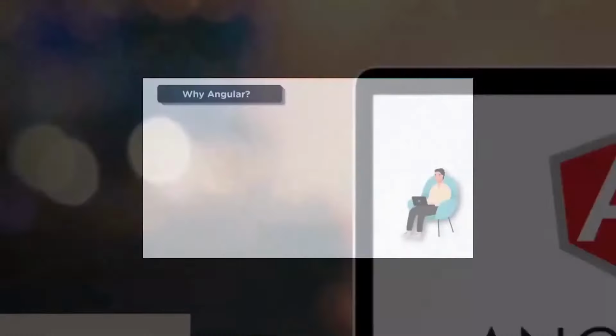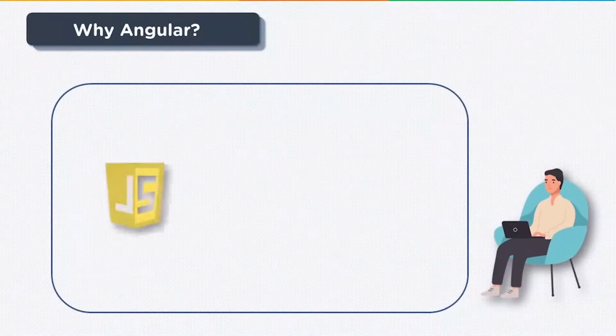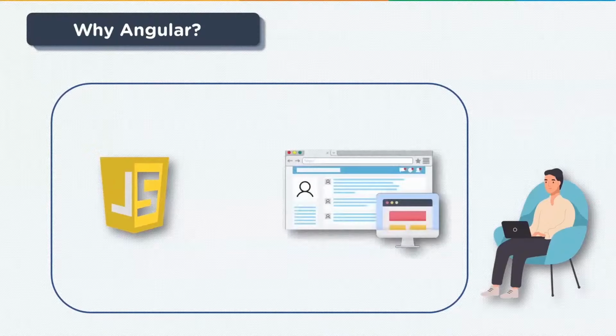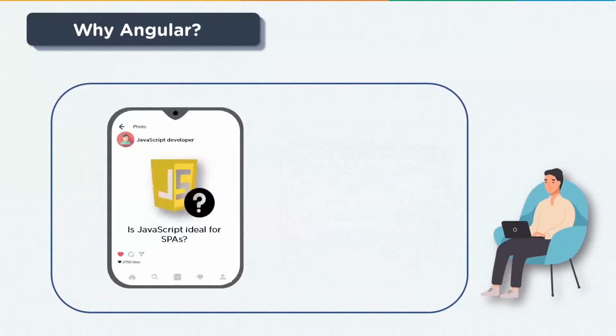Why Angular? Now, JavaScript is the most commonly used client-side scripting language. It is written into HTML documents, enabling interactions with web pages in many unique ways. So, as a relatively easy-to-learn language with almost pervasive support, it is exceptionally well suited to develop modern applications. But the question arises, is JavaScript ideal for developing single-page applications that require modularity, testability, and other features?